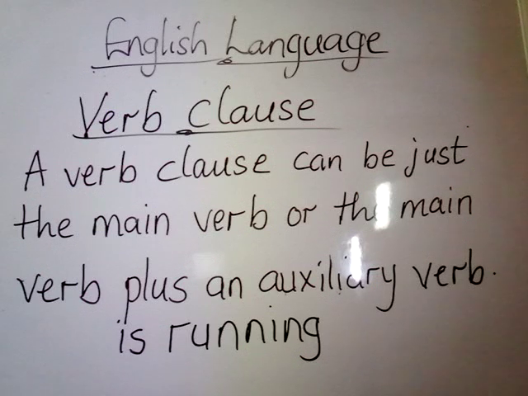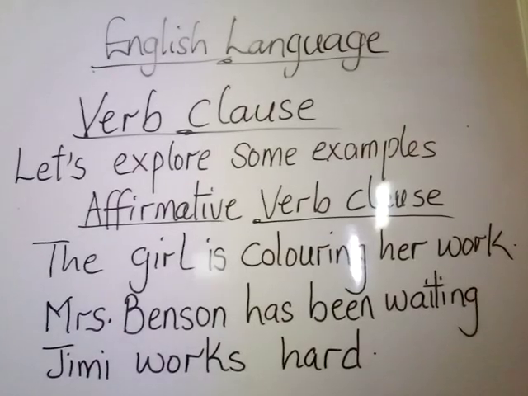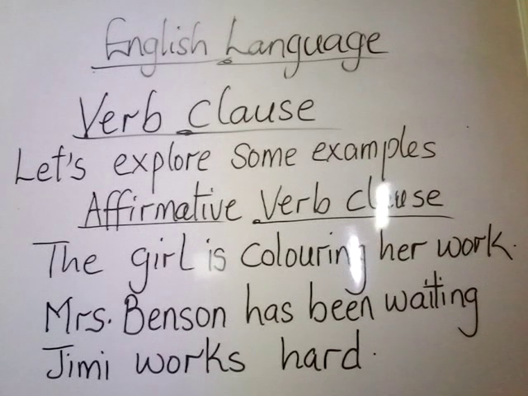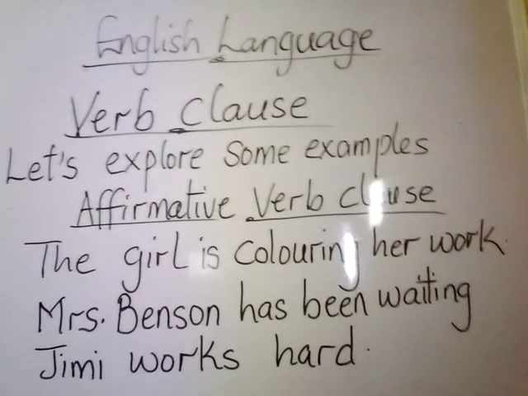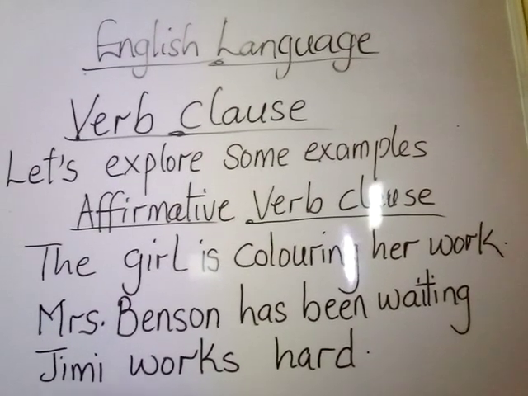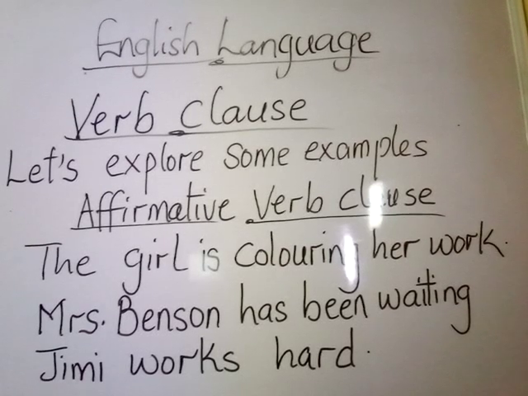Okay, by the time we go further, we're going to see more examples of auxiliary verbs and how they combine with main verbs to form verb clause, and sometimes how just a verb can also function as a verb clause. All right, let's explore some examples. The examples we're going to look at here are for affirmative verb clause.